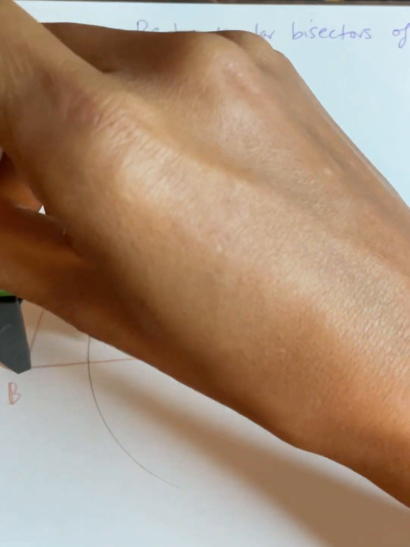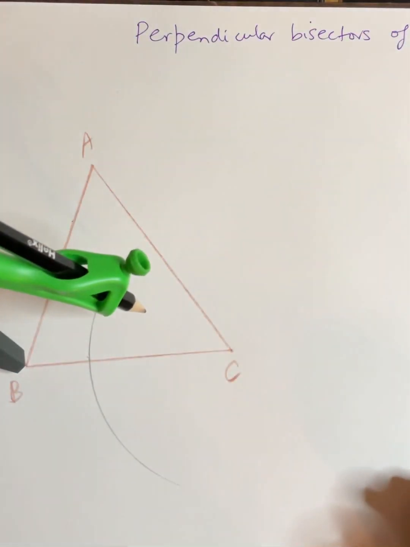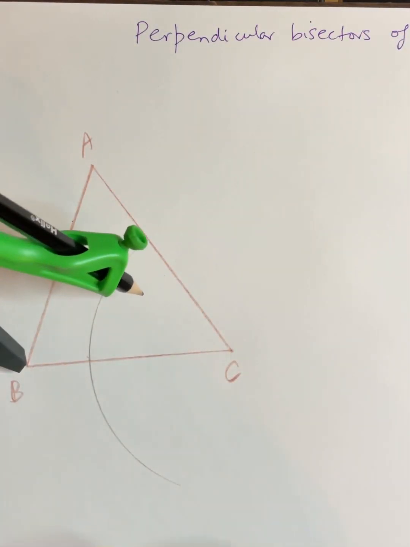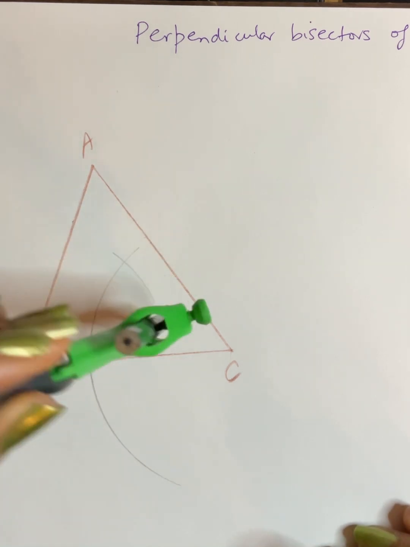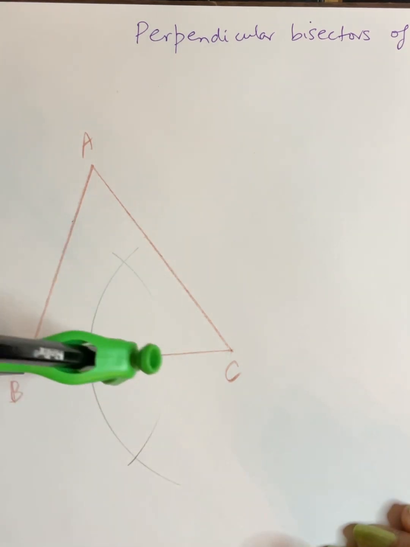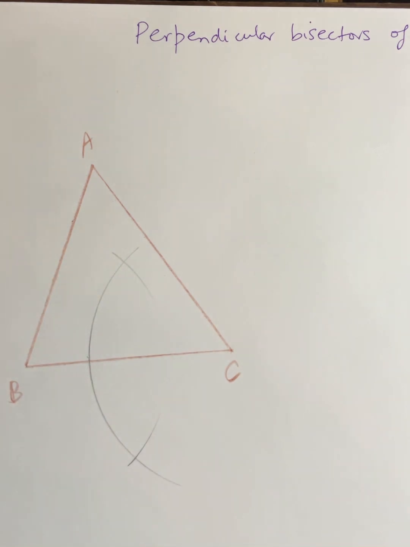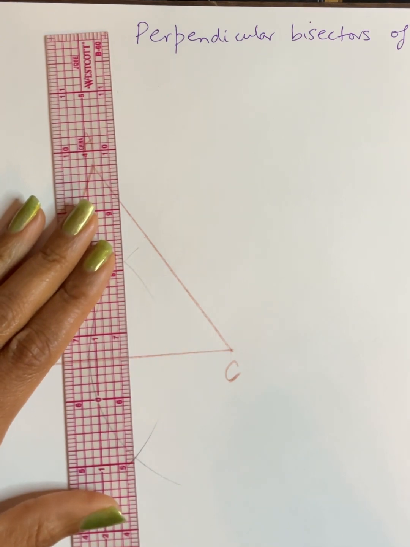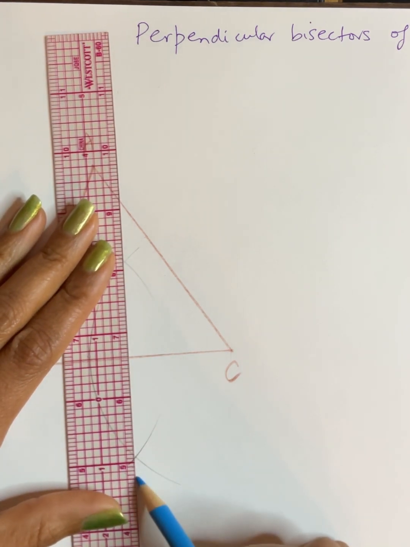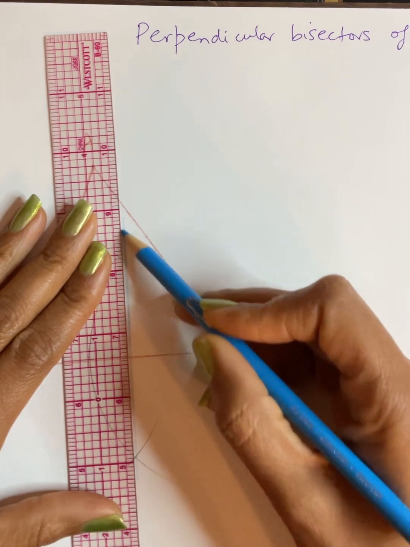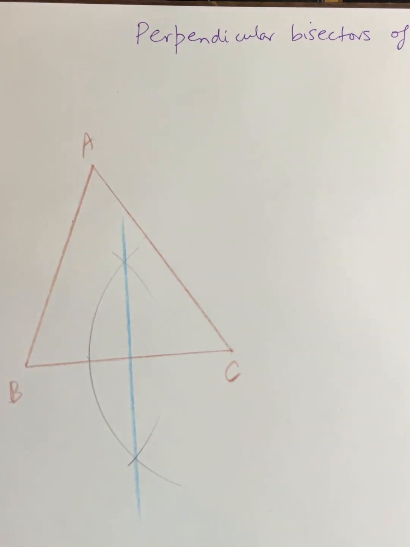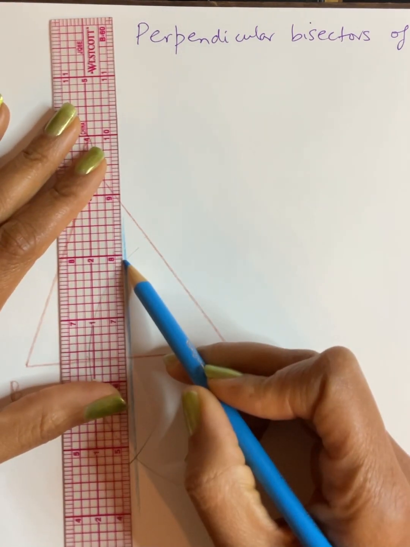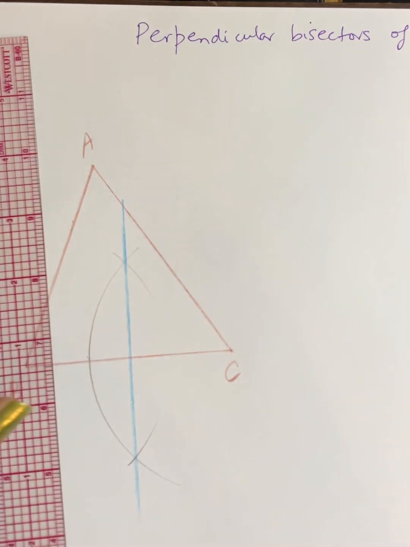You cannot do exactly half. And I place my pointer now at vertex B. All I'm interested in really is where the two arcs intersect. And I'm going to draw a line through the intersection of the two arcs right here. Make sure your line goes all the way down to the end at least.